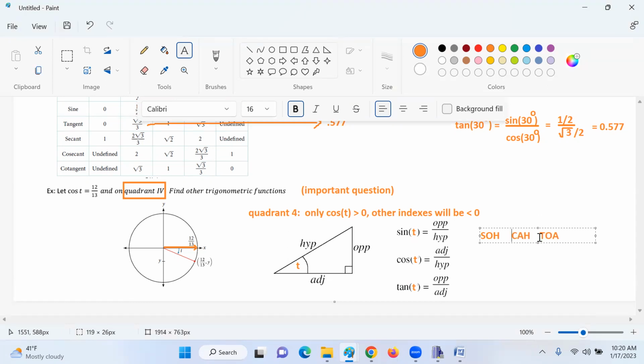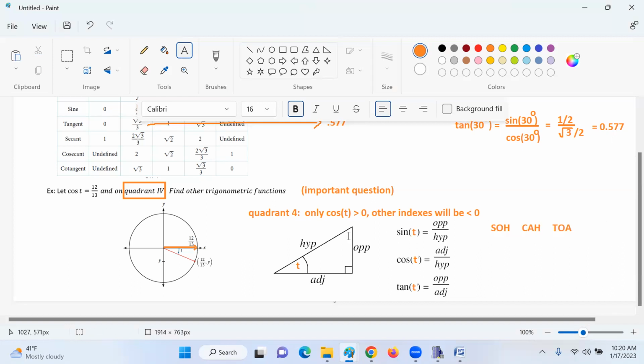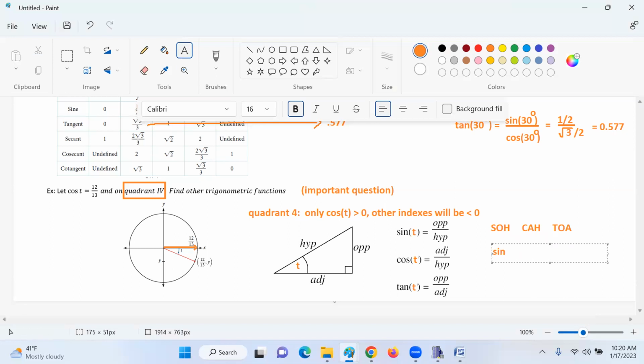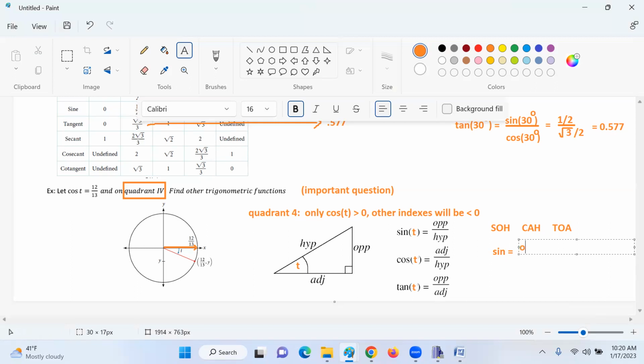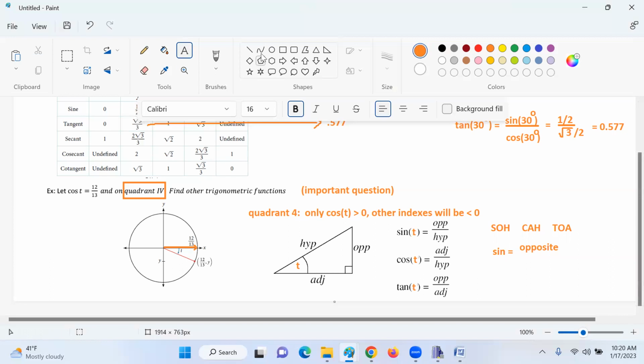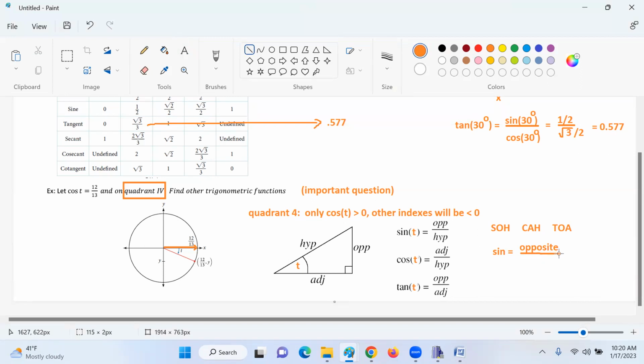Basically, we're going to utilize this rule to analyze the angle and the side lengths of sine, cosine, and tangent. We can think of it, the sine will be equal to the opposite side length over the hypotenuse. Understanding this rule is going to be very beneficial.